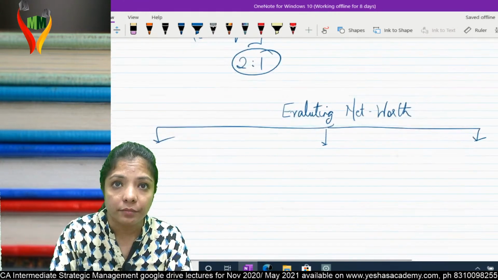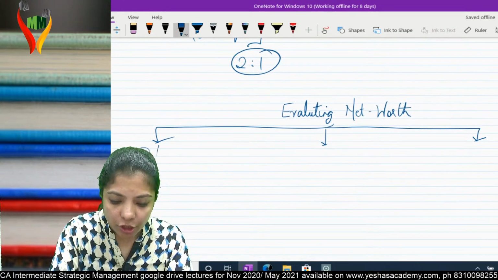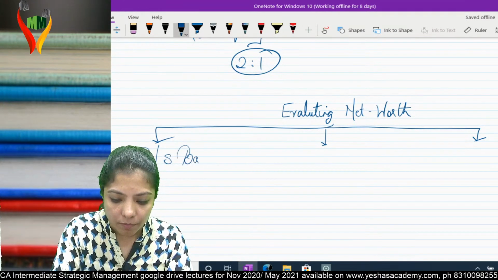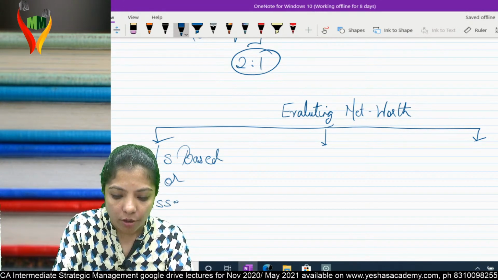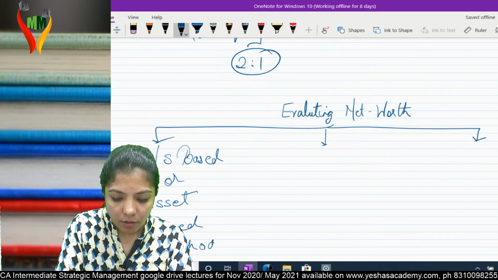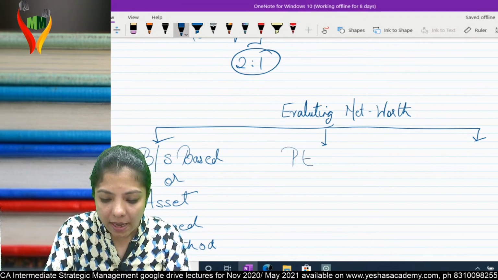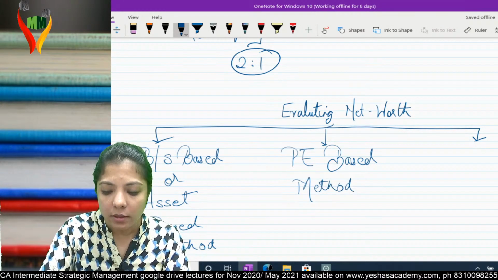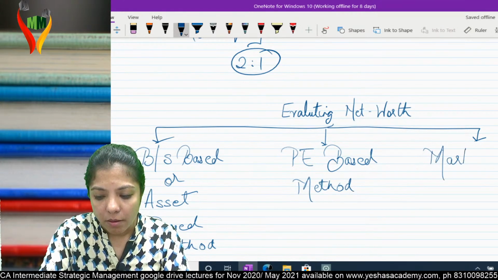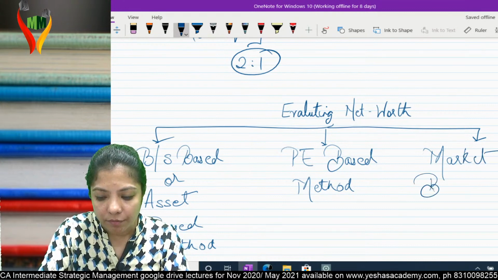First is the balance sheet based or asset based method. Second is the PE based method. And third is the market based method.